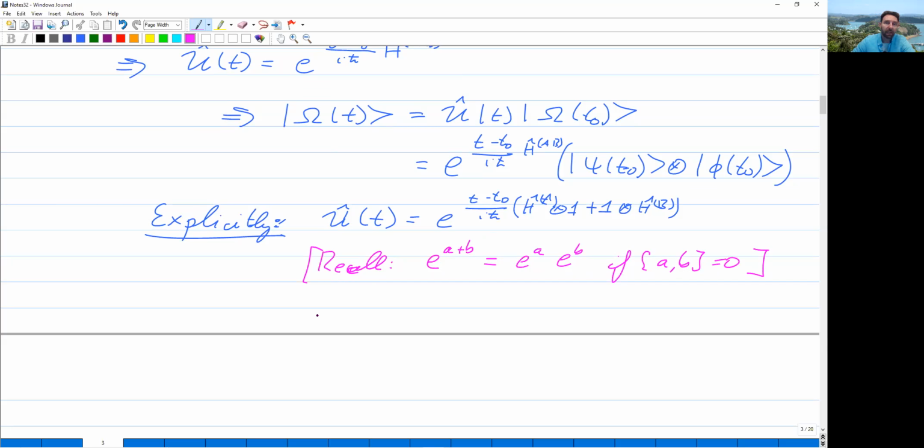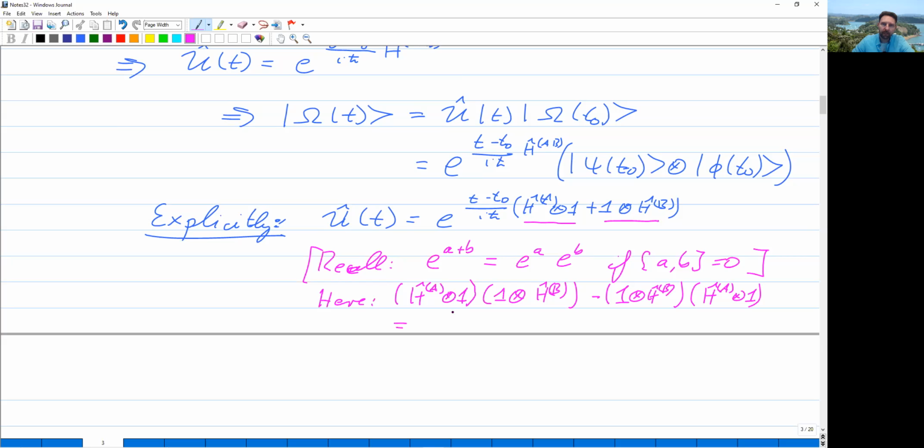Now, here we actually have that the two operators in question, namely this one and that one, do behave just like a and b here. They do commute. Namely, we have H hat A tensor the identity times 1 tensor H hat B, minus the other way around, identity tensor H hat B times H hat A tensor the identity.